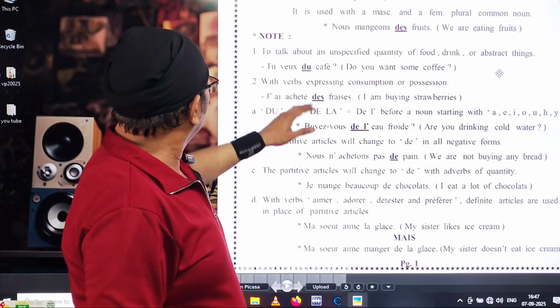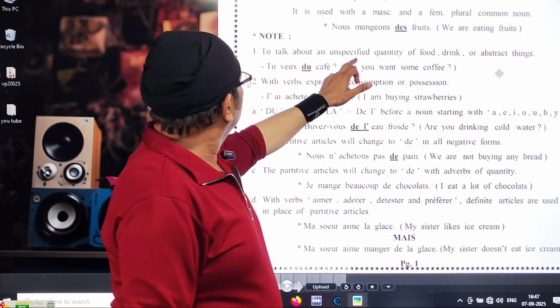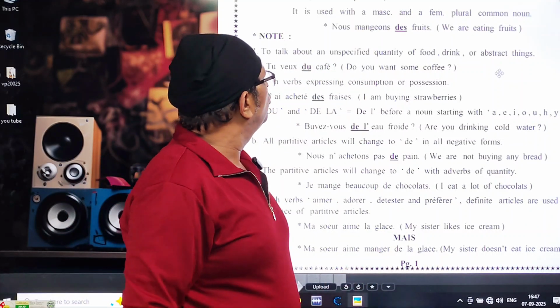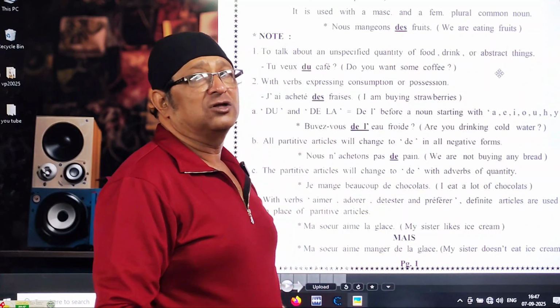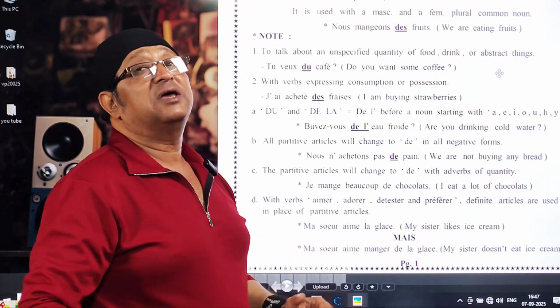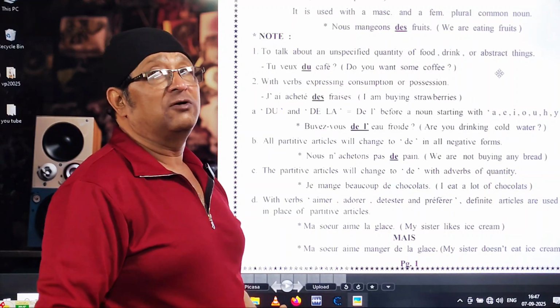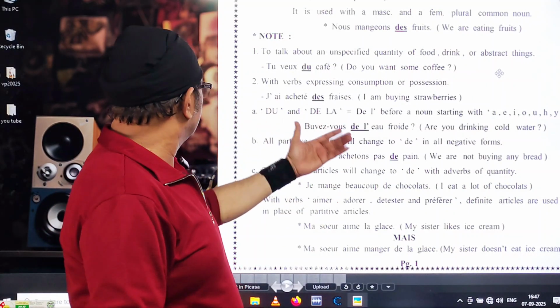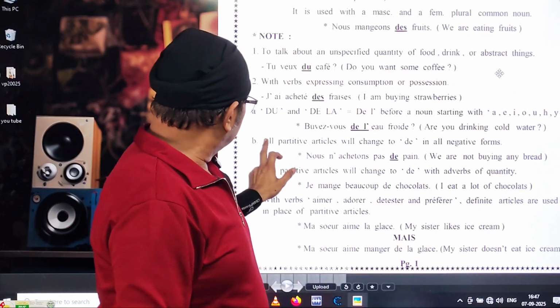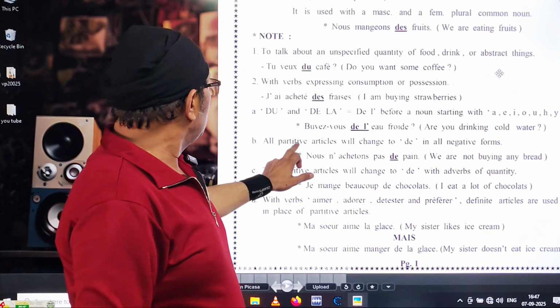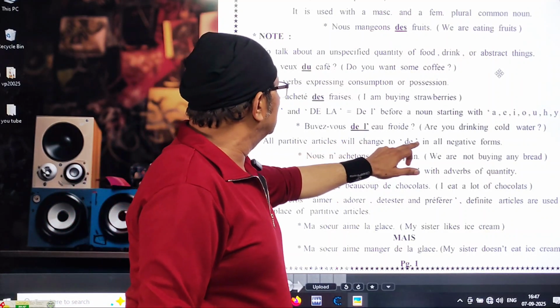Note also, we use these to talk about unspecified quantity of food, drink and abstract things. Abstract things means things we cannot touch, we can only feel. Then this point is also very important. All partitive articles will change to de in all negative forms.